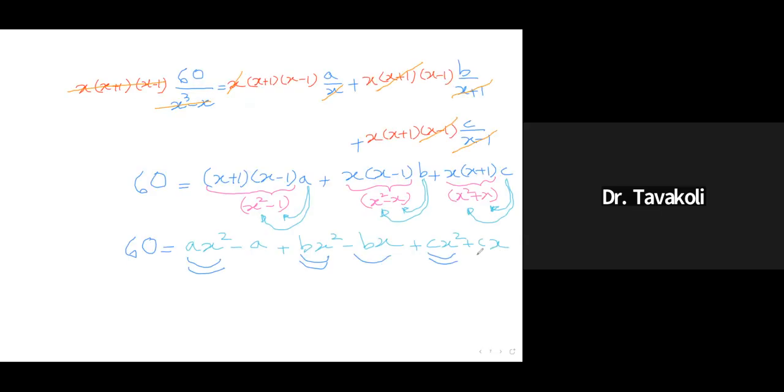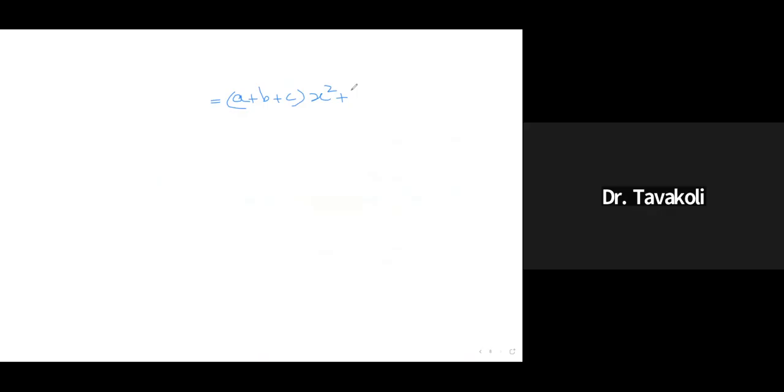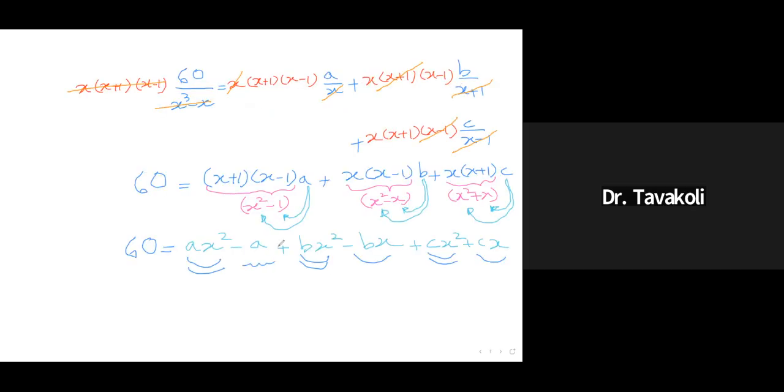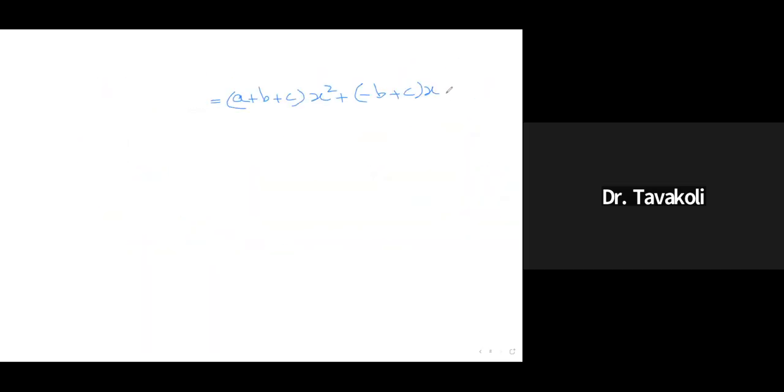Minus bx and plus cx, x is in common, so that gives me (−b + c) times x. And just minus a by itself is the constant part of this polynomial, plus (−a).